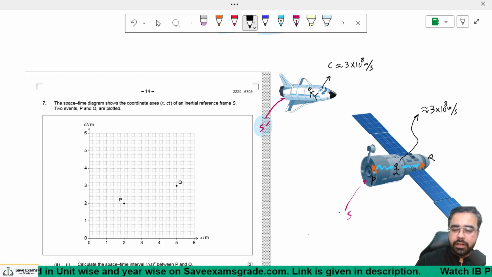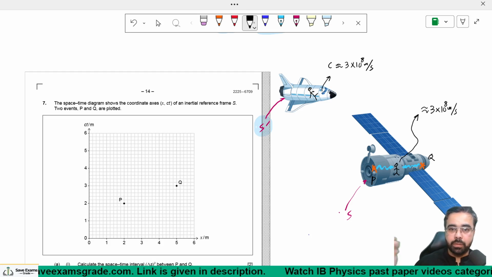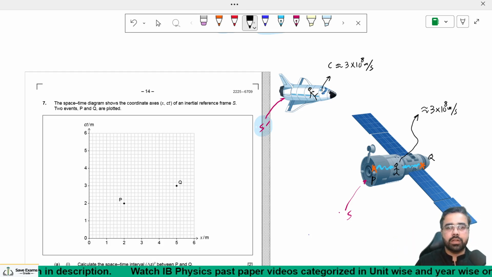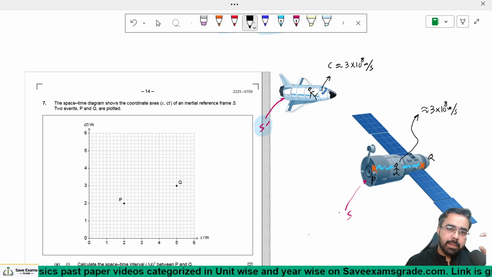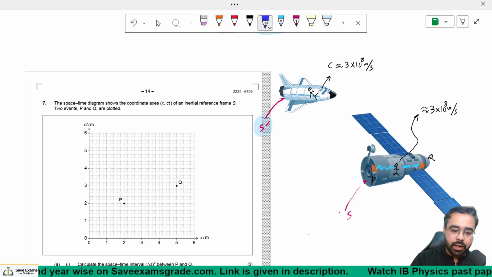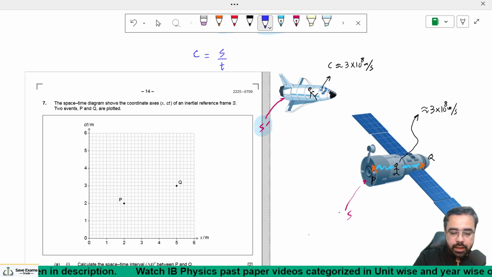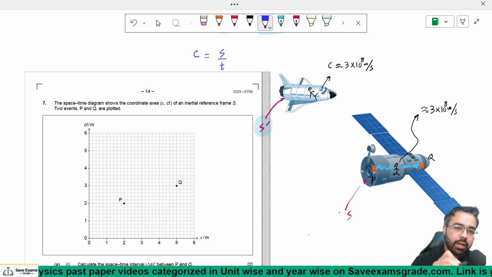Even just imagine if there's another rocket, another spaceship, and another observer is trying to measure the speed of light, according to that observer also the speed of light is not going to change. Now to keep this quantity invariant, the other quantities vary. Remember that if you have to keep this quantity invariant, then the other quantities like the distance and the time will adjust themselves in such a way that this quantity will not change.